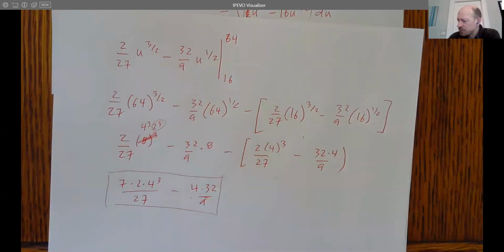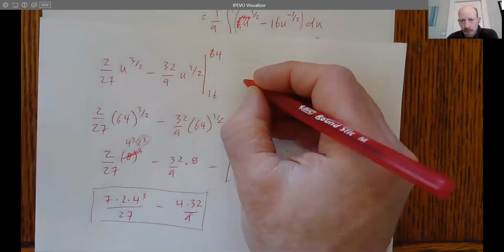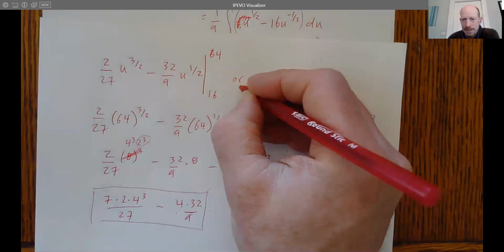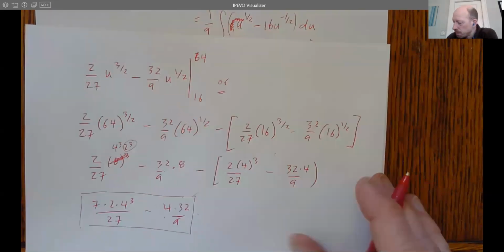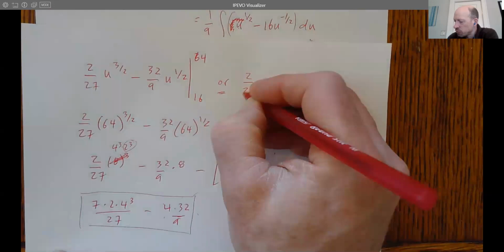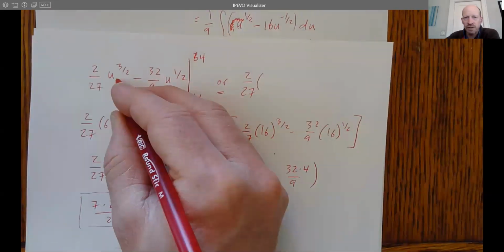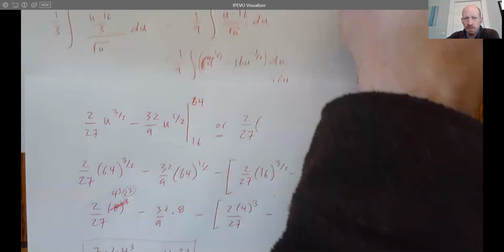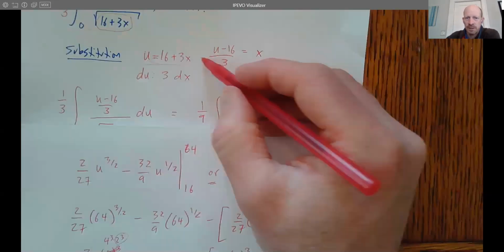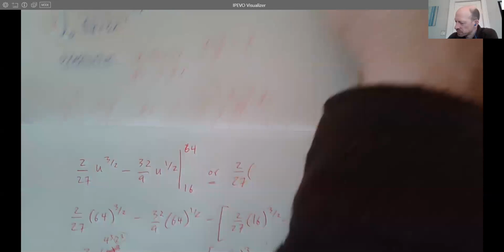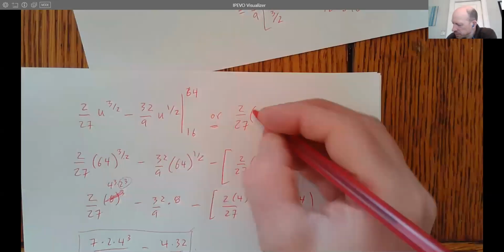The other option is you can replace the u values with the original expression, 16 plus 3x.